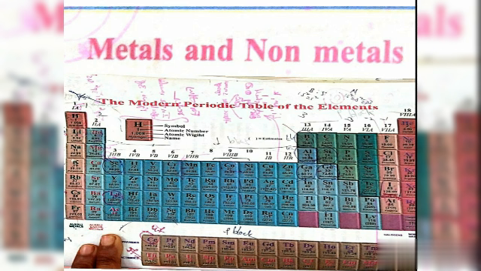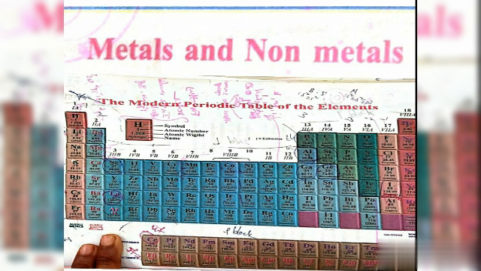And lanthanides and actinides actually belong to the third group, third B group, which is within the transition elements. These D block elements, third group to 12th group, we call transition metals. But lanthanides and actinides also belong to the third B group.